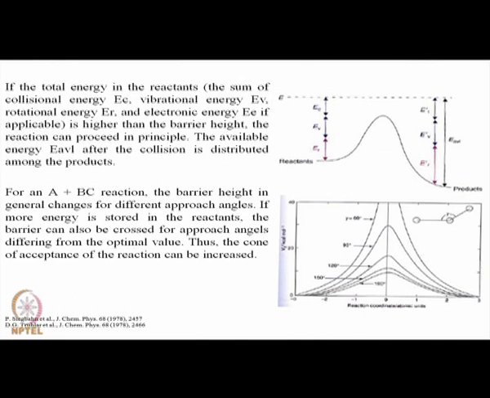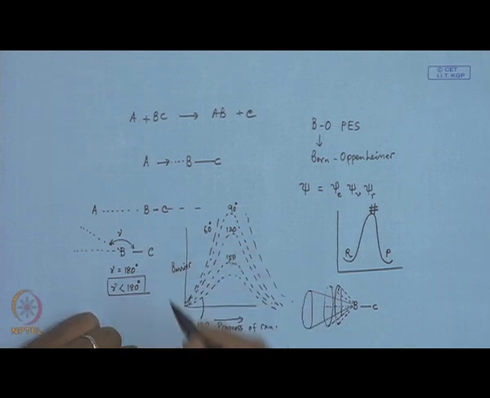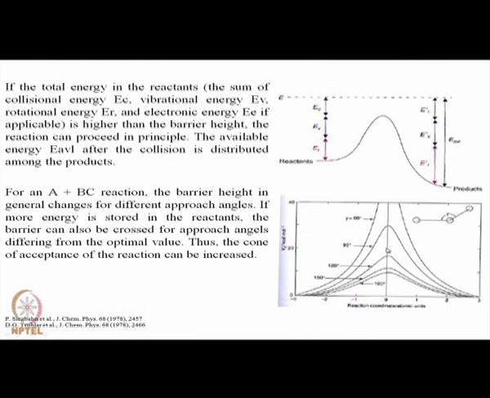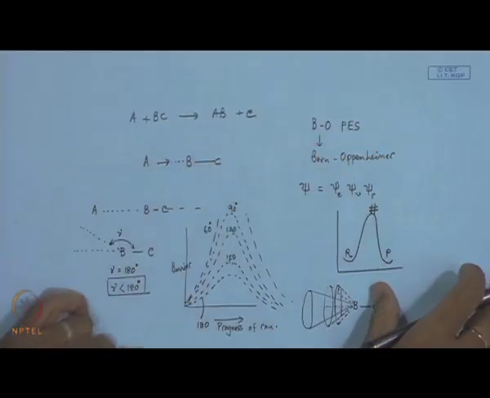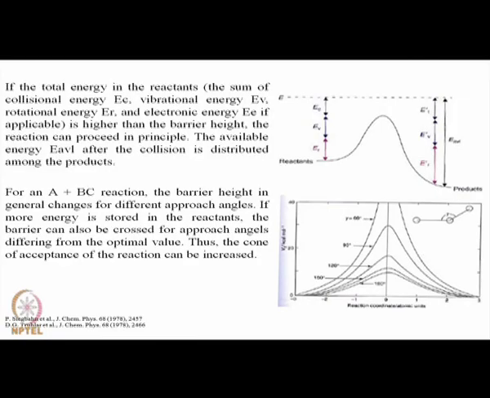Okay, and this is the potential energy profile. I mean whatever I have shown over here is the potential energy profile along the reaction coordinate for this reaction. This example is given for the reaction H plus H2.